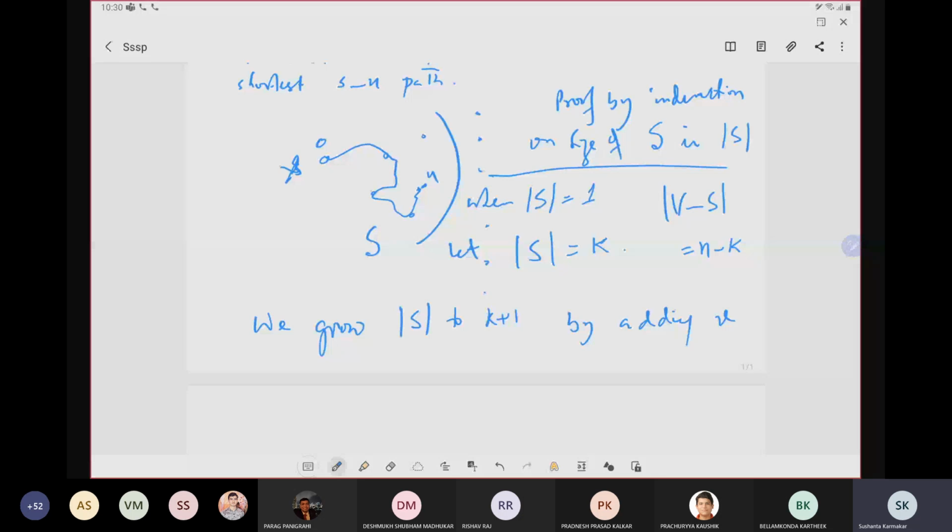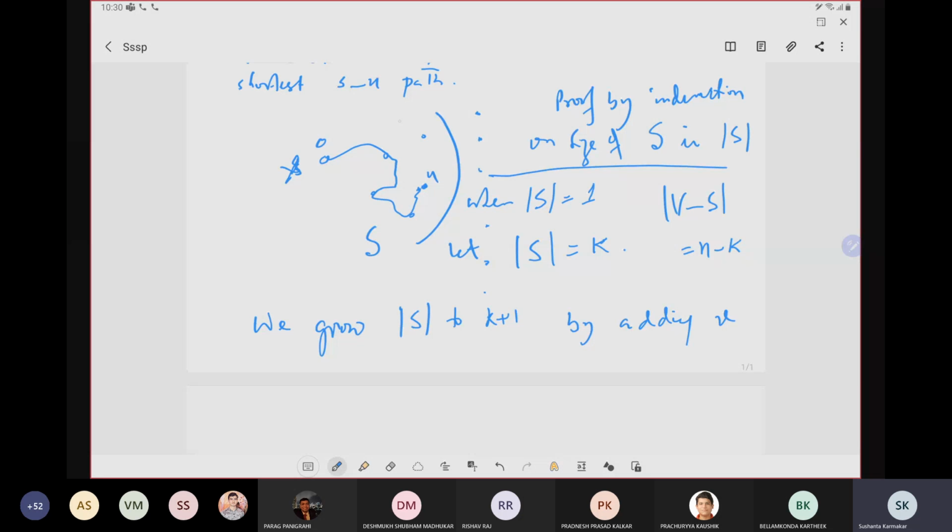If you remember the logic, these are explored nodes, so I do not take an explored node. I take the one in this region which has the smallest distance from these nodes.